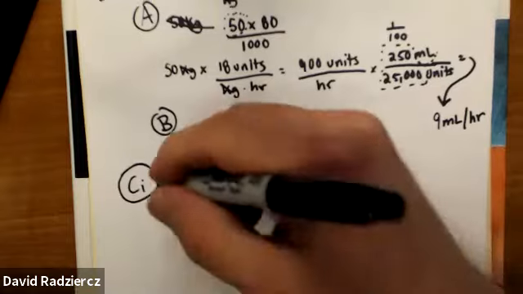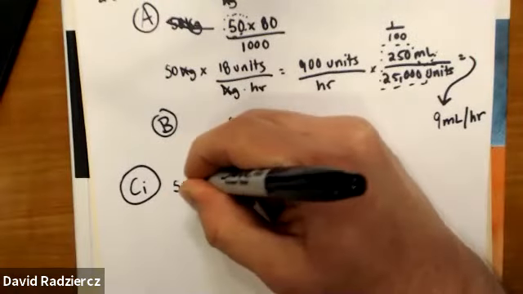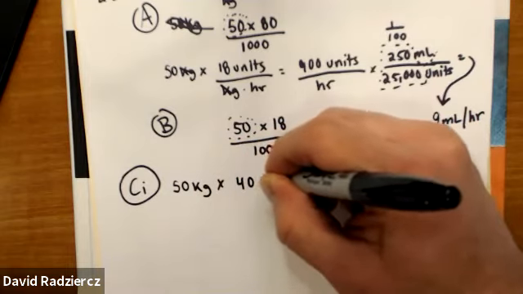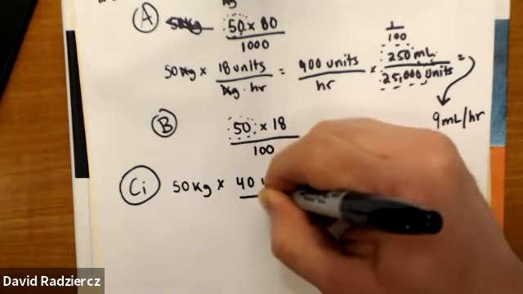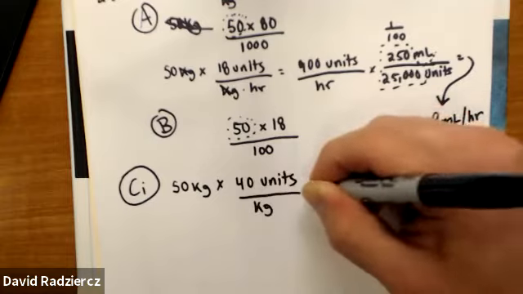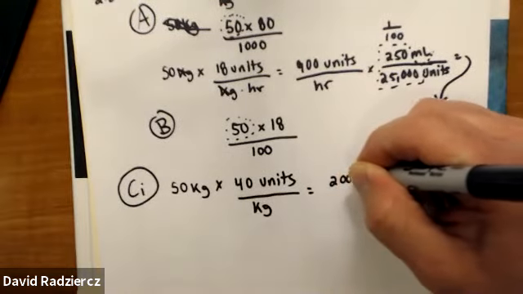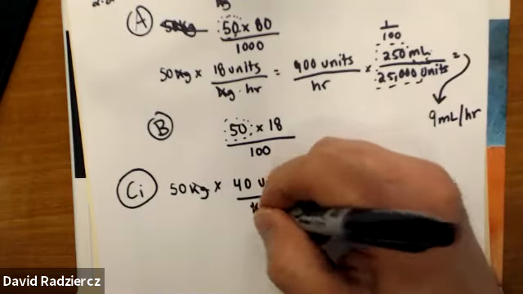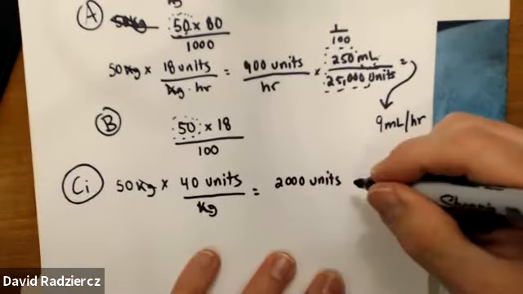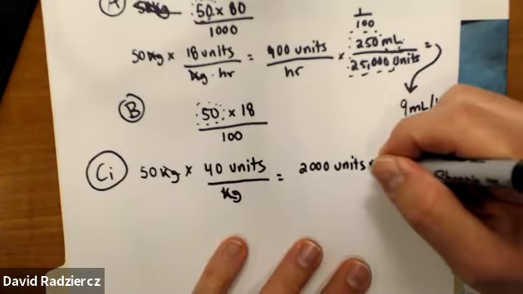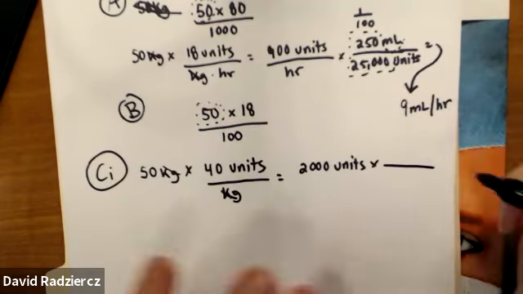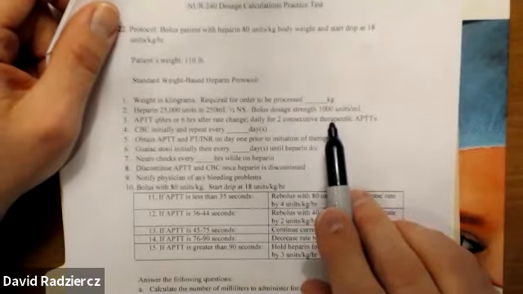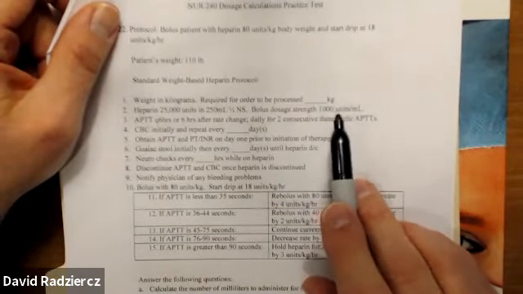So same patient. Now we're going to rebolus with 40 units per kilogram. And I'm going to get 2,000 units. Okay. I don't want units. I want milliliters. So I'm going to go back to my protocol. Remember, my bolus dosage strength is 1,000 units per milliliter.